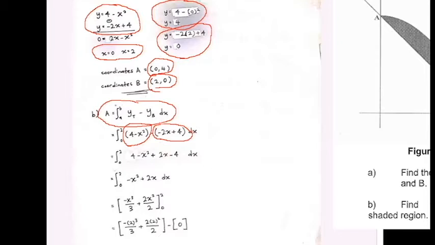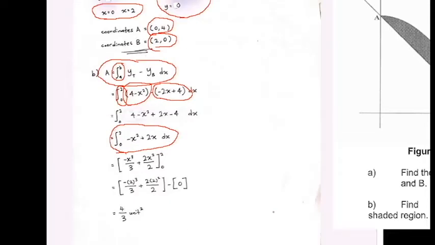And b and a represent 2 and 0. After that, simplify the equation until the answer is negative x power of 2 plus 2x. Then we integrate negative x power of 2 plus 2x. Then we substitute x by each of the points until we get the answer, 3 unit square.